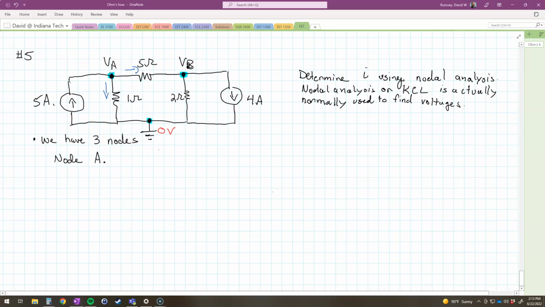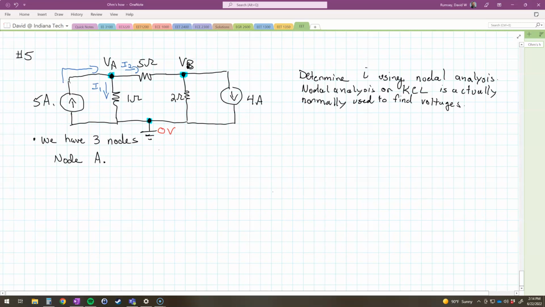Now what am I going to do? I'm going to look at this 5 amp source, and the arrow's already going in a direction, so I don't want to turn it around because then I have to deal with negative signs and everything. So that one is entering this node. Now we can write an equation. Let's label these I1 and I2, which is why I changed the labels to VA and VB.